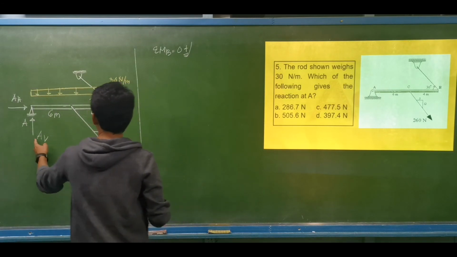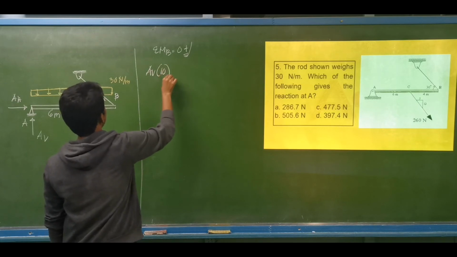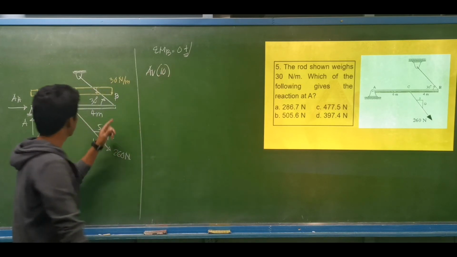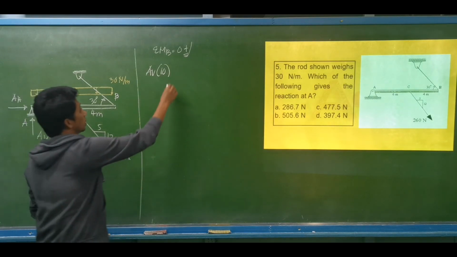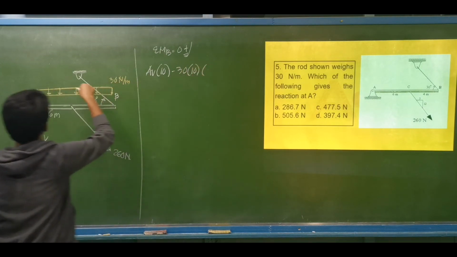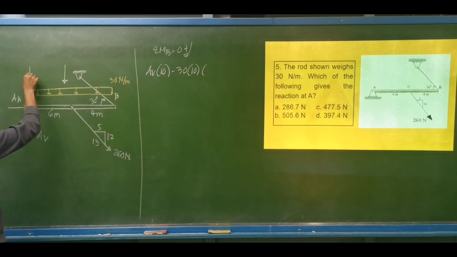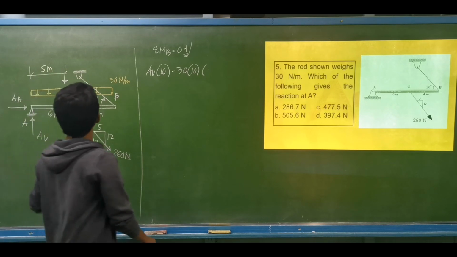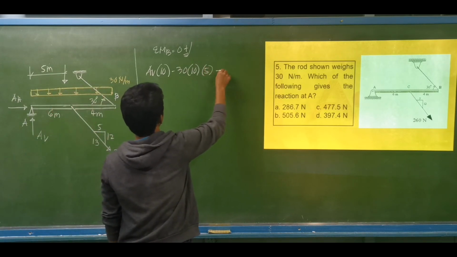We have A vertical multiplied by 10 meters, that is A vertical times 10. Then minus the 30 newtons times 10, its corresponding resultant is obviously midway, so that is at a distance of 5 meters from each end. So we have 30 times 10 times 5.